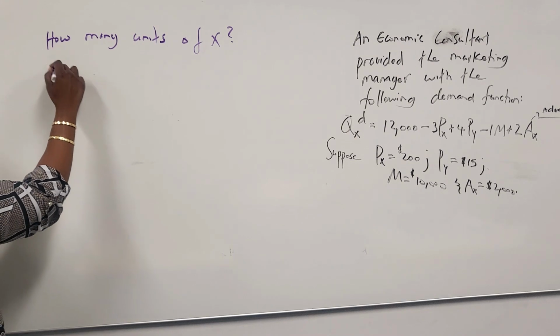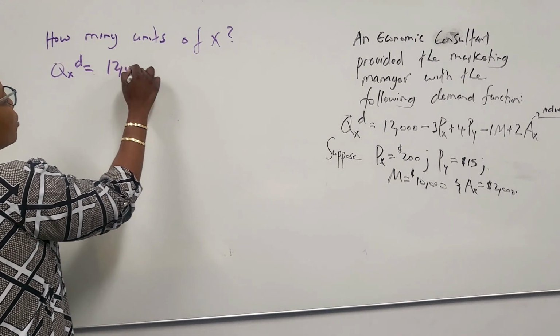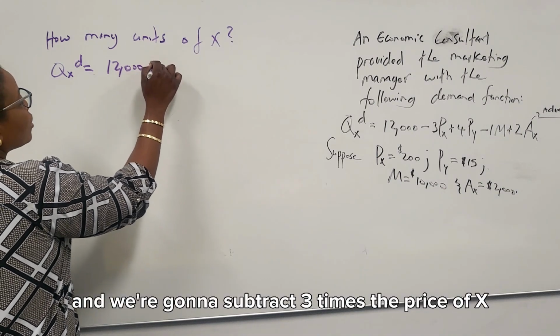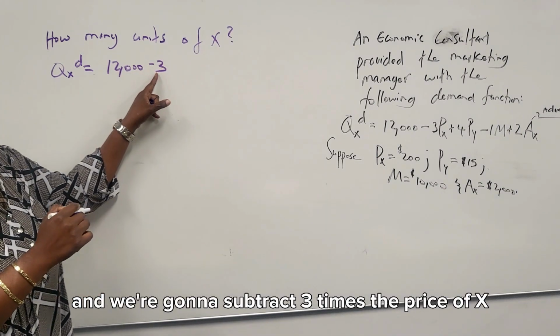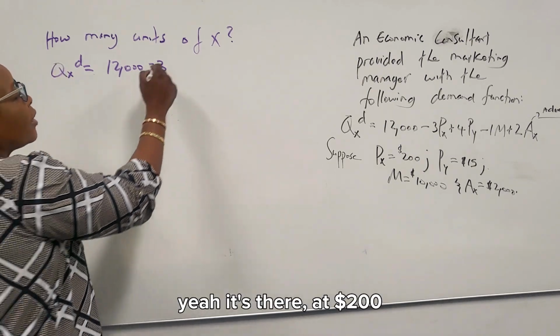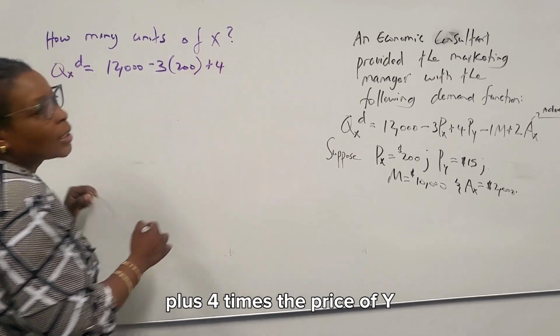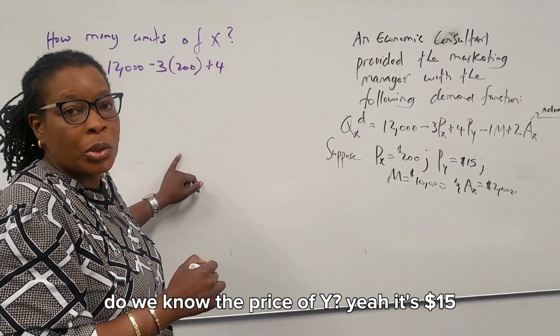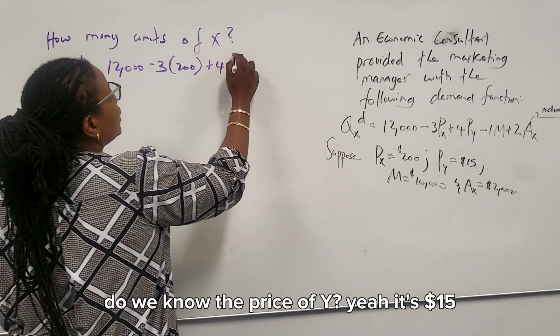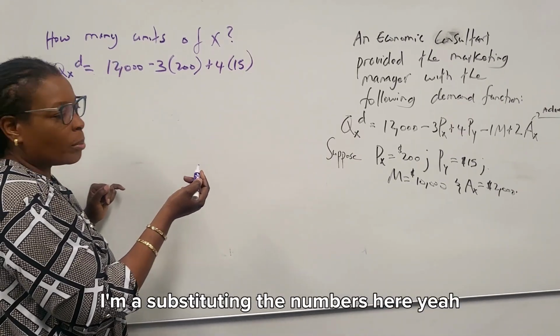For the first one, the demand is equal to that 12,000. And we're gonna subtract 3 times the price of X. Do we know the price of X? Yeah, it's there at 200. Plus 4 times the price of Y. Do we know the price of Y? Yeah, it's 15. You get what I'm doing? I'm just substituting the numbers here.